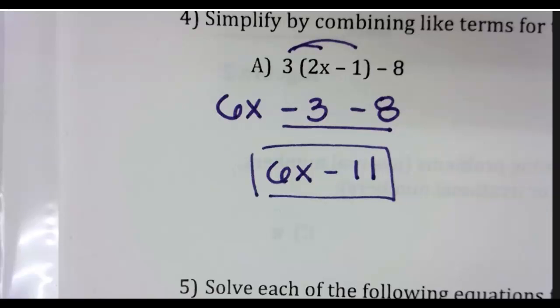In letter B, distribute your negative and combine like terms. Now, be very careful distributing the negative in example B, because you need to make sure you distribute that negative to both the 4 and the 6.